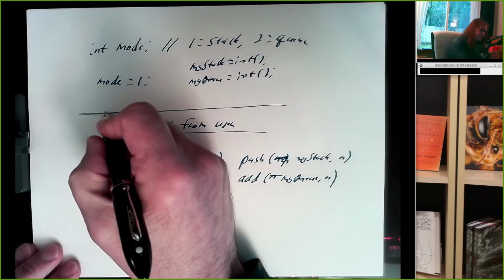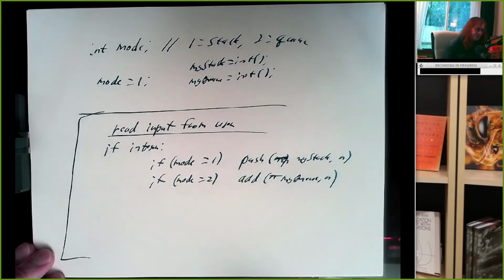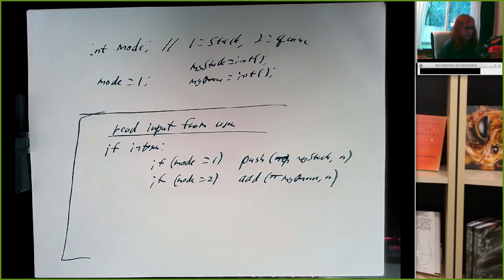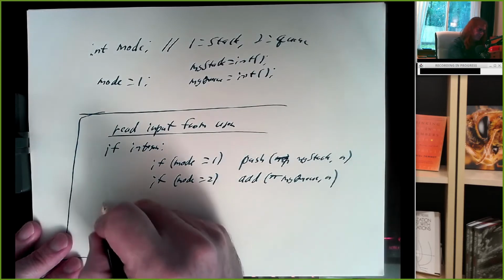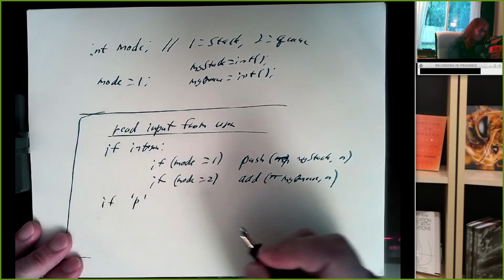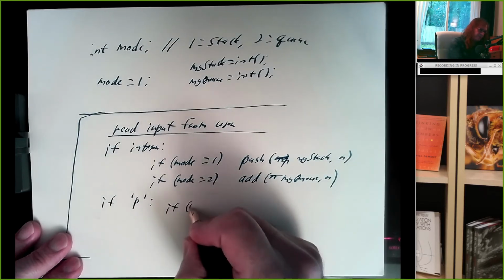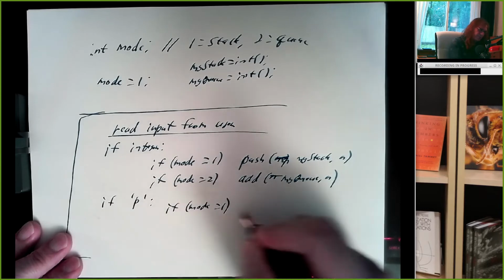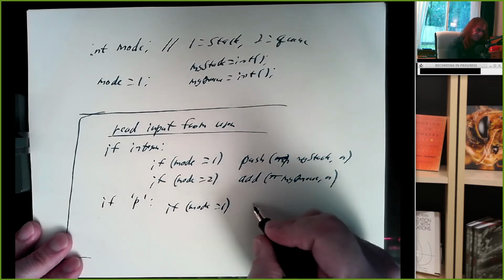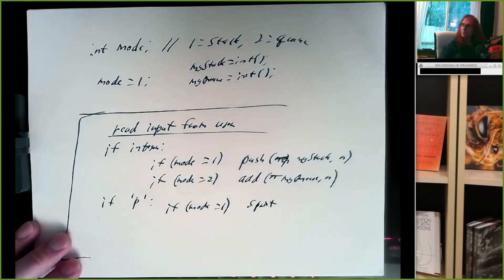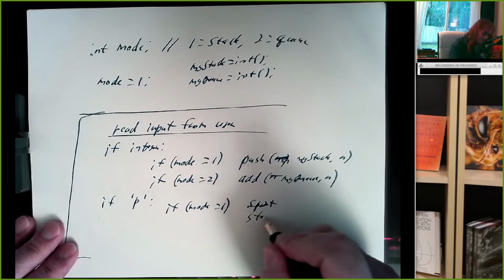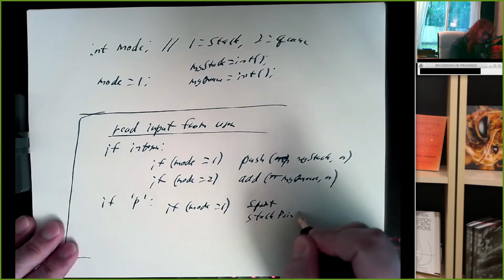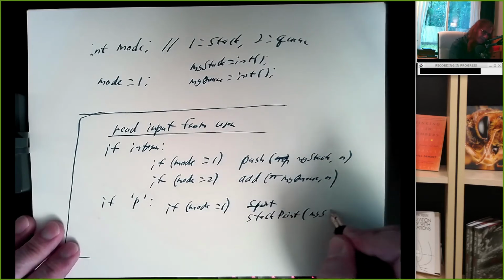So in my main loop, I read a line from the user command, and if they typed in an integer, I'm either going to push it to my stack or add it to my queue. If it's a p, then if mode equals 1, then I'm going to call stack print, my stack.